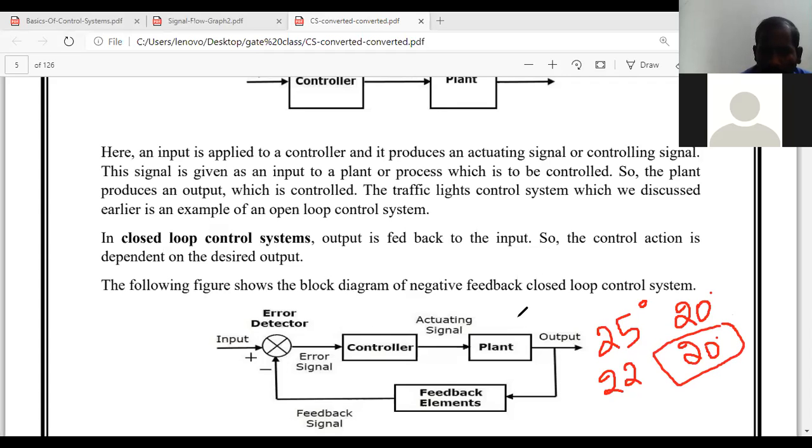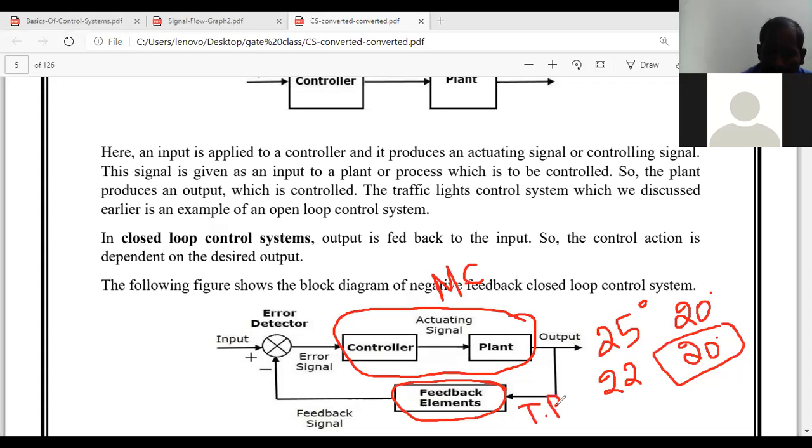How will this process take place in real time in the AC? A controller, a microcontroller unit, will be there, and a temperature sensor will be there. The temperature sensor senses the present temperature and compares it with the set point which you set by the remote.